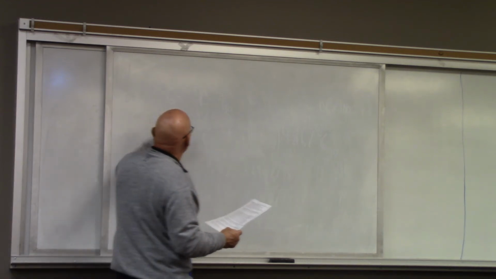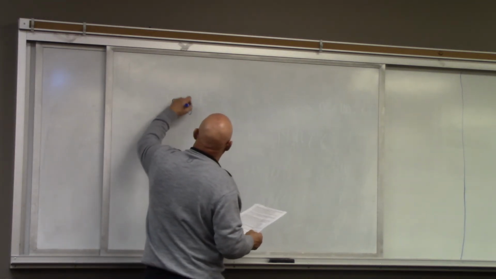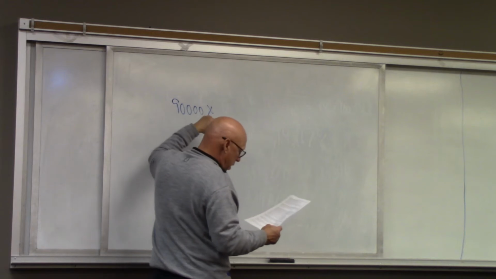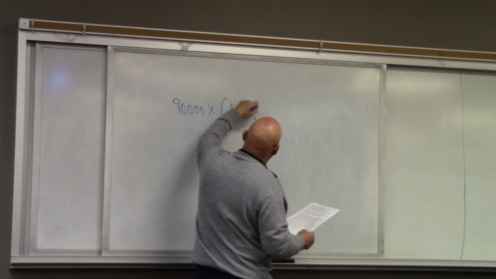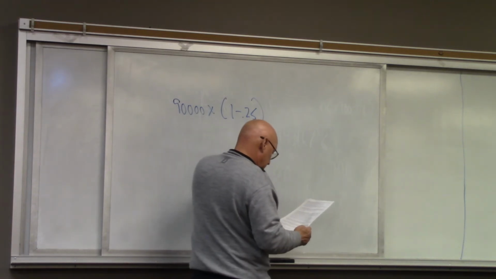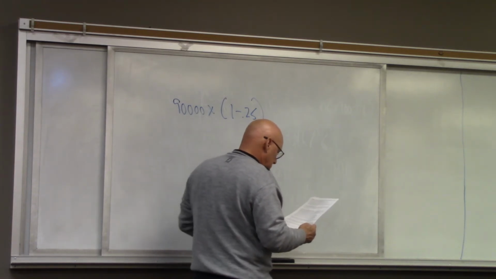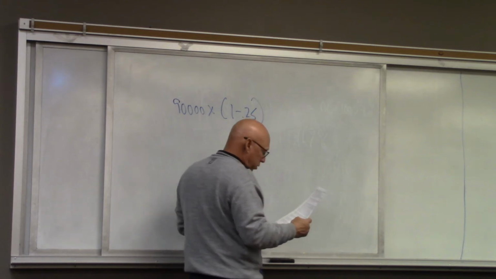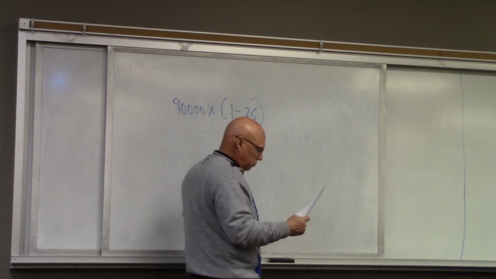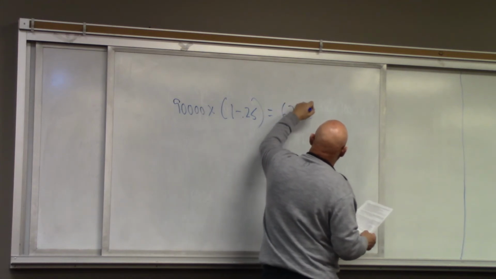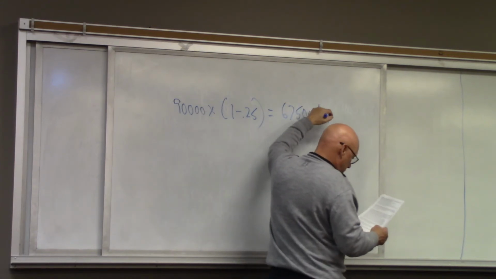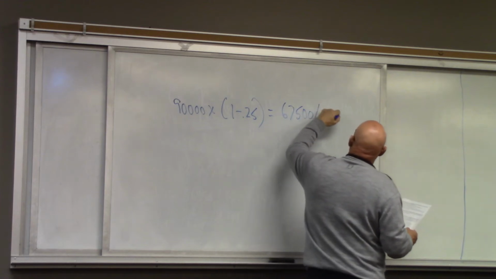So we have 90,000 times 1 minus the tax rate. And so what is that? 67,500. 67,500 divided by 12 is what?